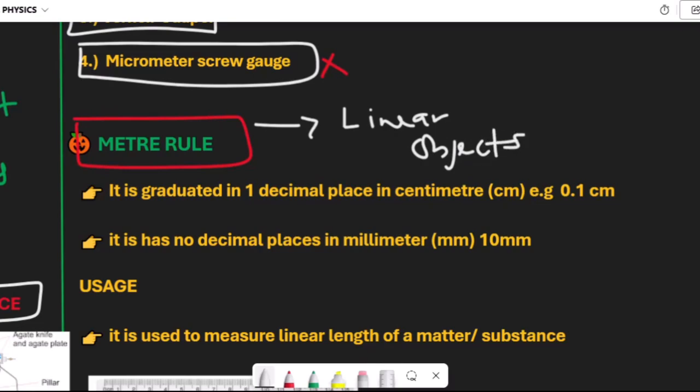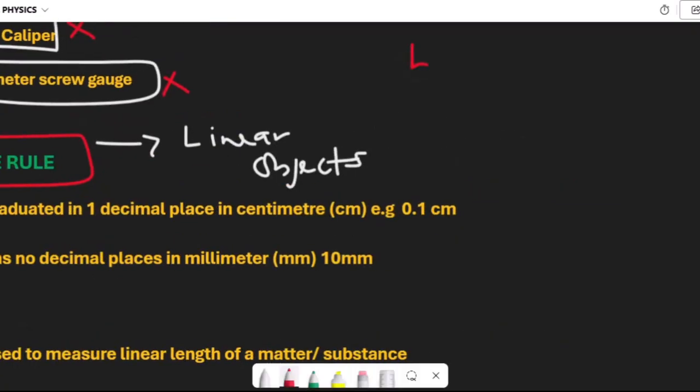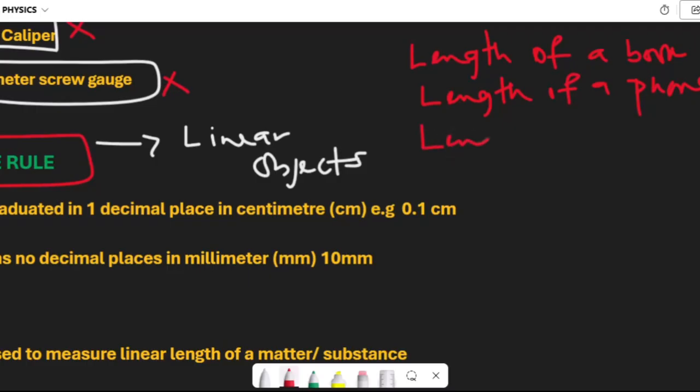Anytime you have a linear object, like when we want to measure the length of a book, or the length of a phone or your laptop, or the length of a room, you can make use of the meter rule.